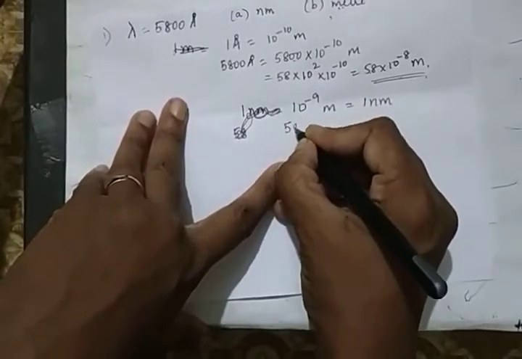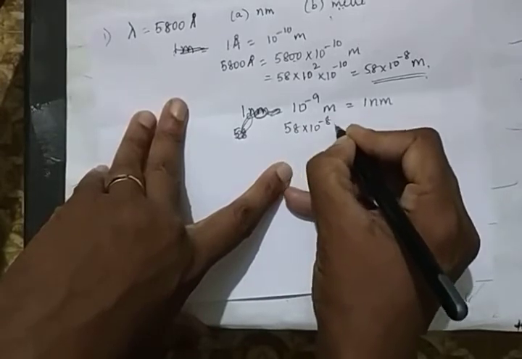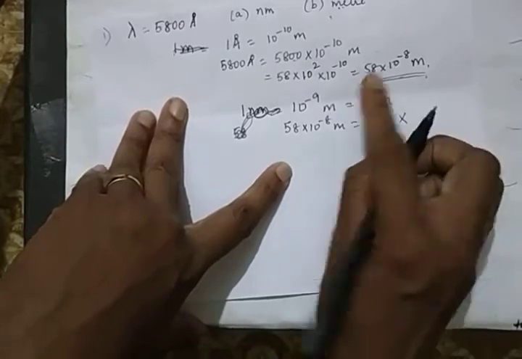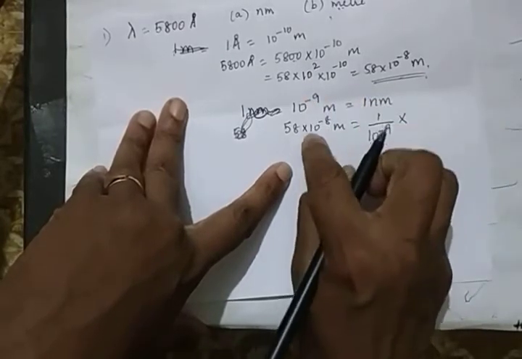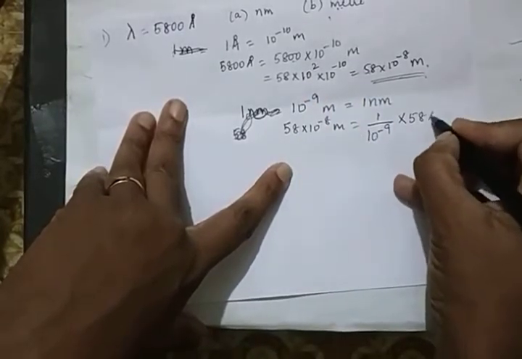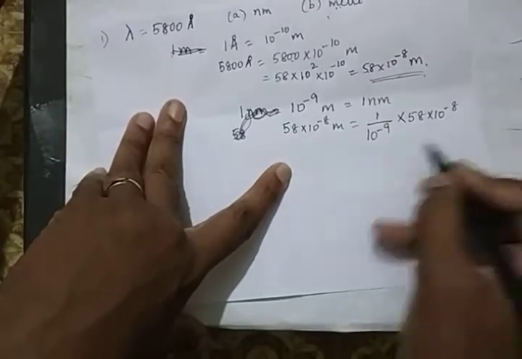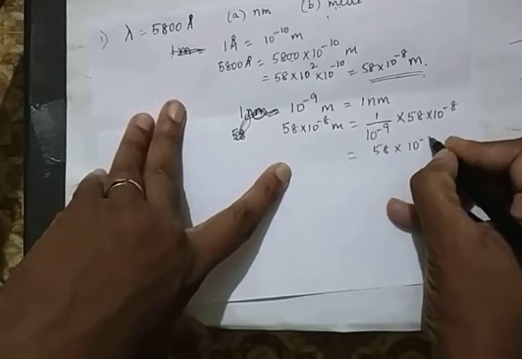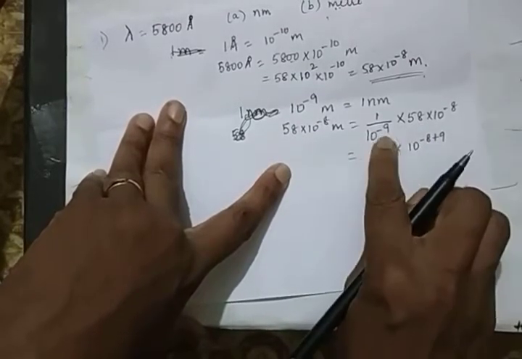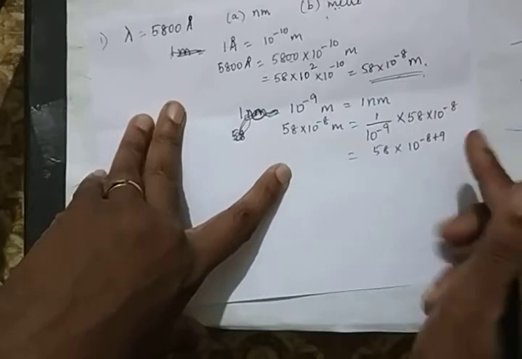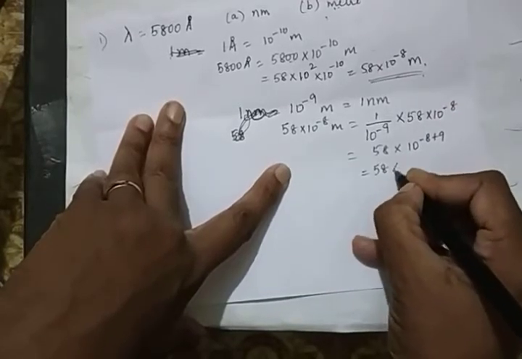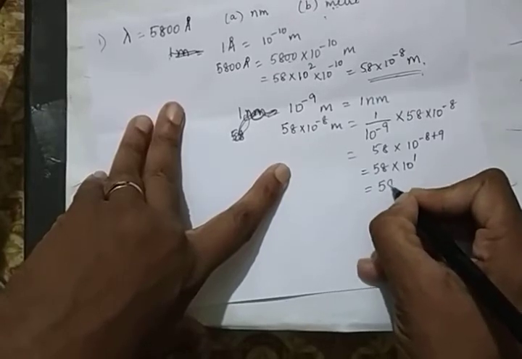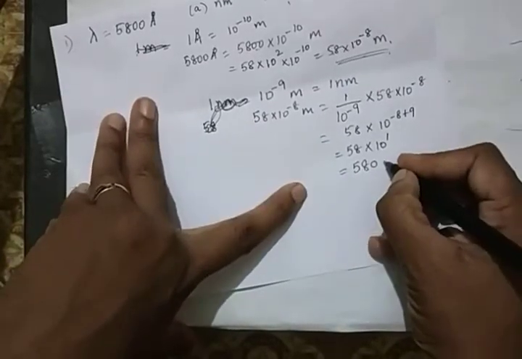If that is the case, 58 into 10 power minus 8 meter will be 1 by 10 power minus 9 into, unitary method, this upon this into this. 58 into 10 power minus 8 plus 9. If this goes to the numerator, it becomes plus 9. So 58 into 10 power 1, or 580 nanometer.